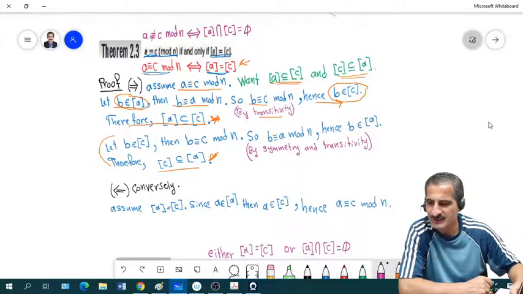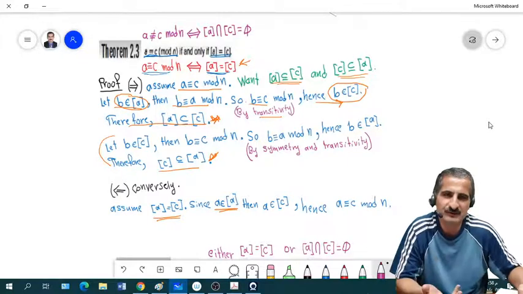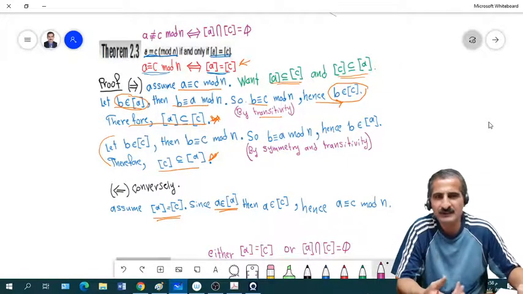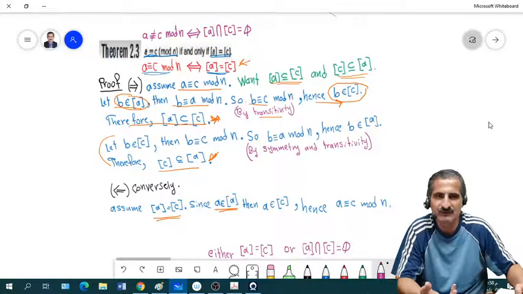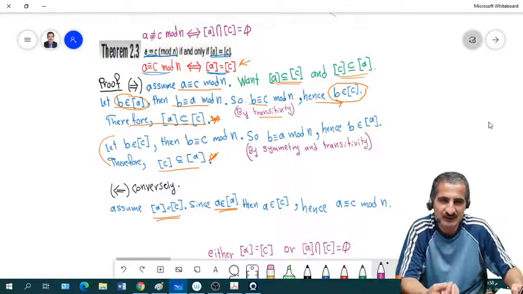Now conversely, assume the equivalence classes are equal. Now A belongs to its own equivalence class because of reflexivity. A is congruent to itself modulo n. So A belongs to the equivalence class of A. But we are assuming that the equivalence class of A is equal to the equivalence class of C as sets.